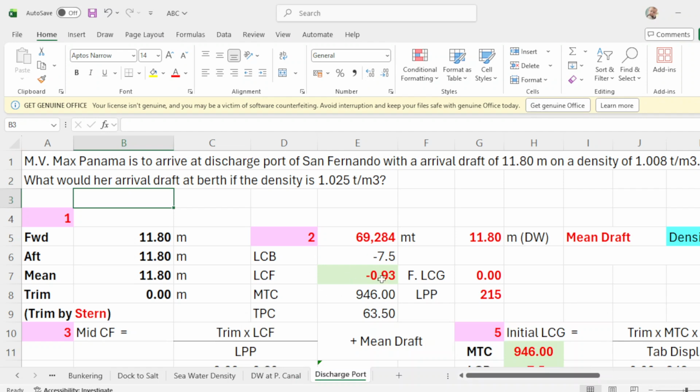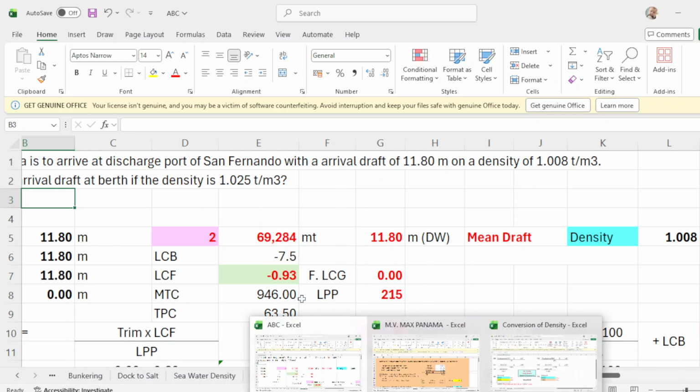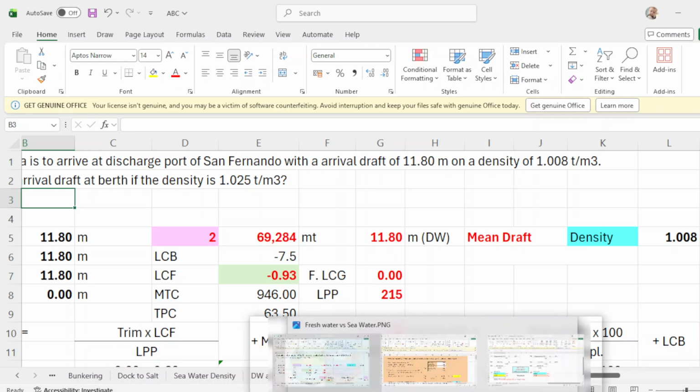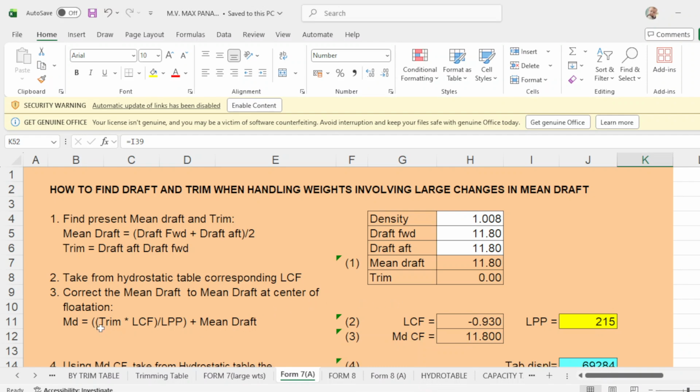And number 2, we take out the displacement and especially the LCF. What will be the LCF? The local density is 1.008. So number 2: take from the hydrostatic table the corresponding LCF.